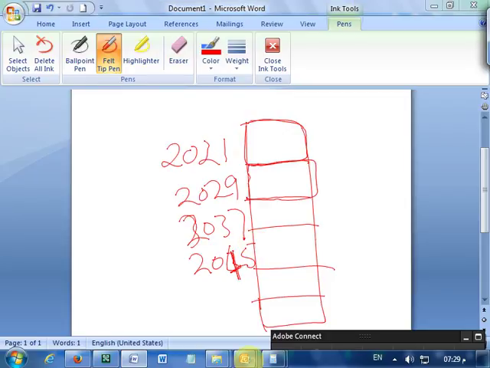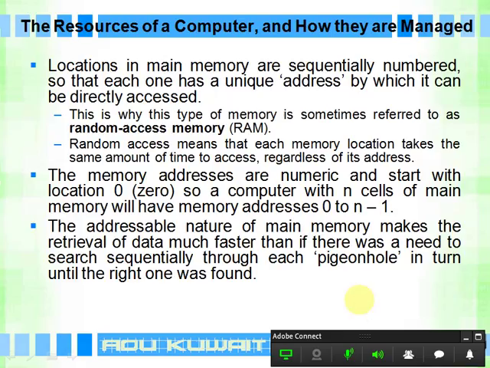So they are sequentially numbered, so that each one has a unique address, a unique number, 2021, 2029, 2037, that can be accessed directly. If the number is known, we can access the data inside that memory directly.